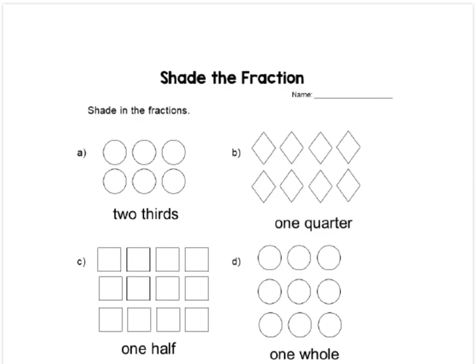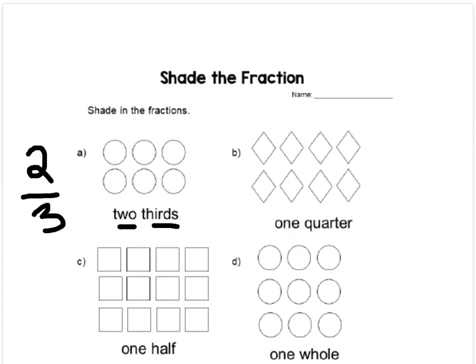In the second worksheet we had for Thursday, we had to color in the circles to describe the fraction. So if we look at A, we have 2/3. Okay, that means 2 over 3.